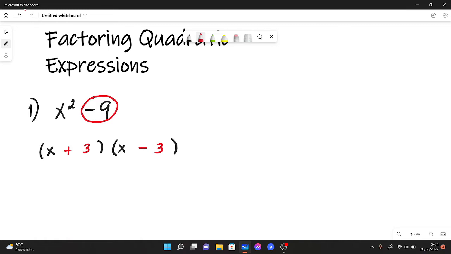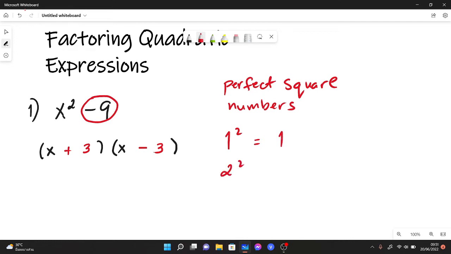Now when we say perfect square numbers, the examples are, for example, 1 squared is 1, 2 squared is 4, 3 squared is 9, 4 squared is 16, and so on.